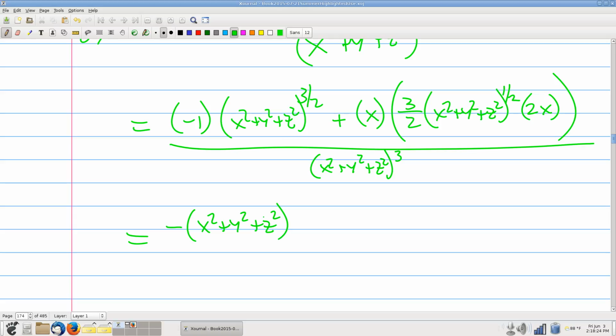Now let's be careful here. Plus, oh, hey, good news. That cancels that, and I've already canceled that, and all I have left is 3x squared. That's nice.